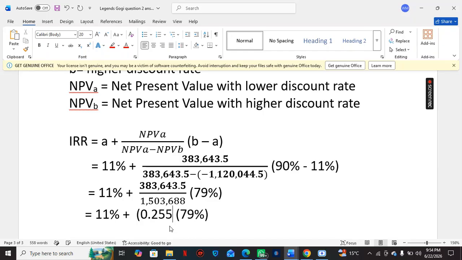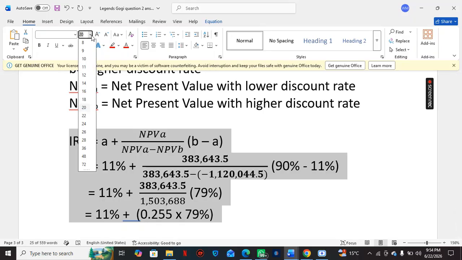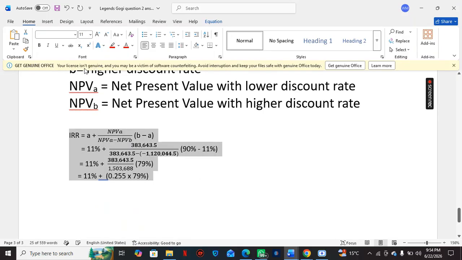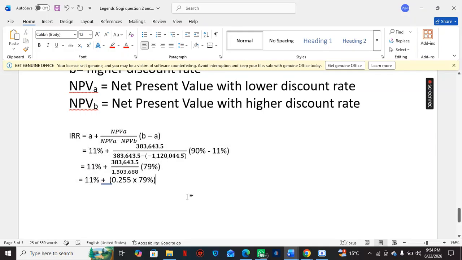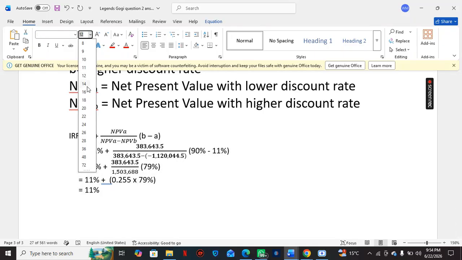Colleagues, I'm getting scared here. So 0.255 multiplied by 79%.